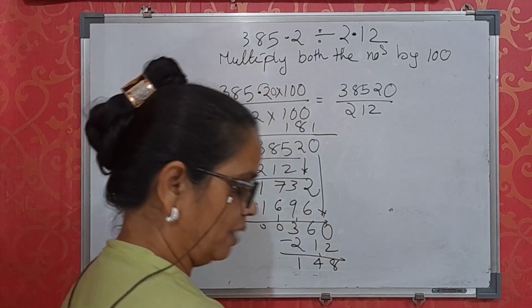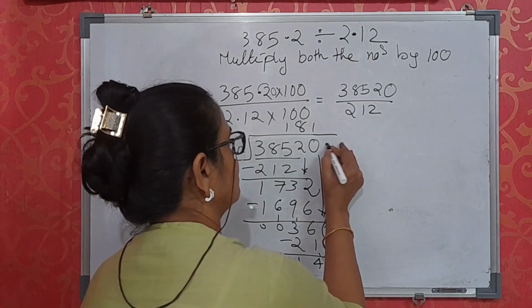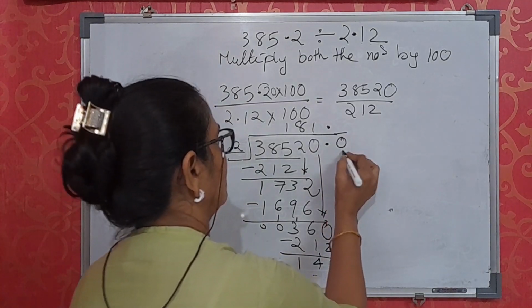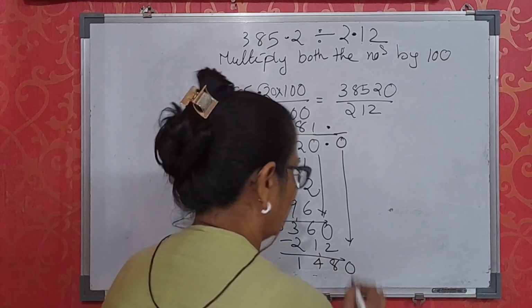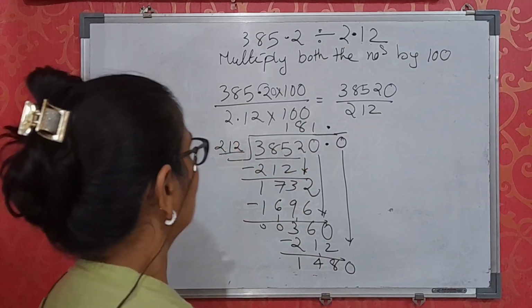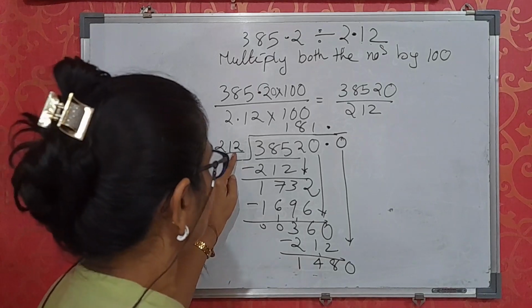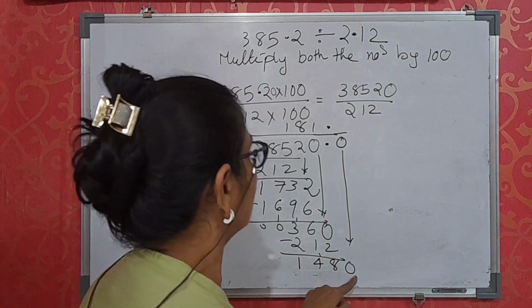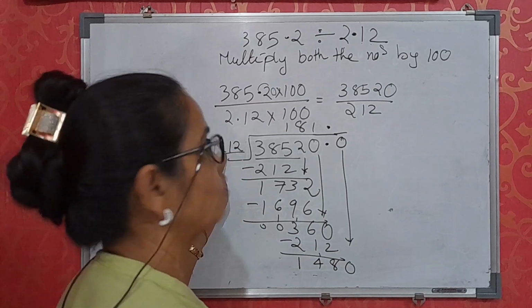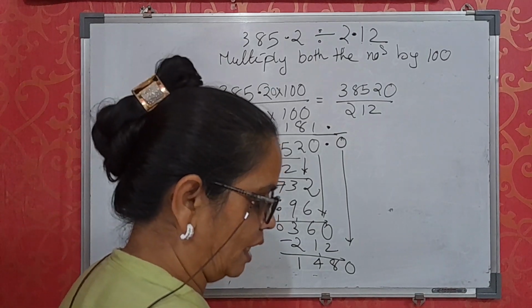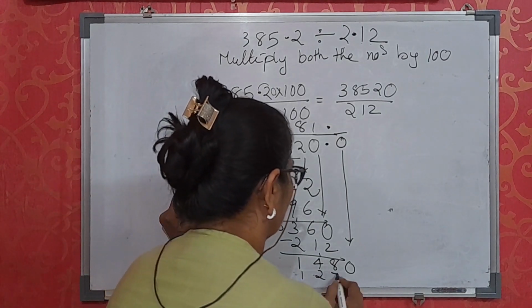So what I will do is take the decimal point here and here take a 0. It would be 1480. Now it will go by 6 only, since 2 7s are 14 but 212 times 7 is 1484, which is bigger than 1480. So when I multiply 212 by 6, I am getting 1272.